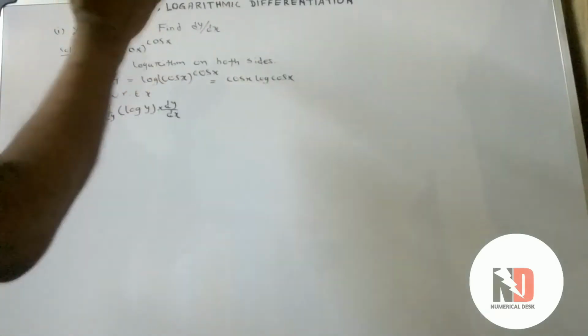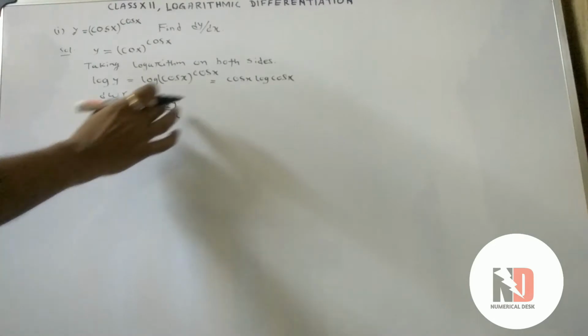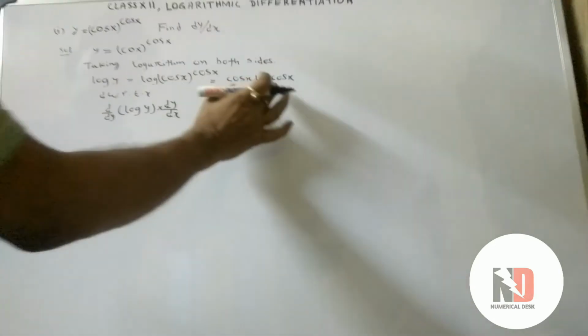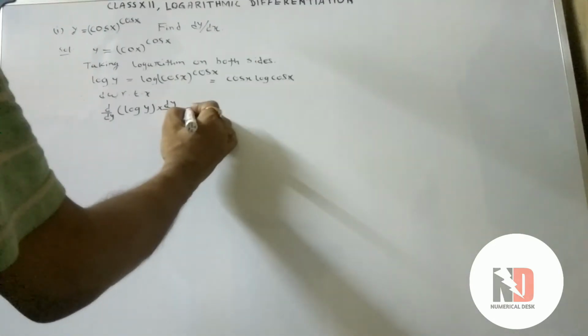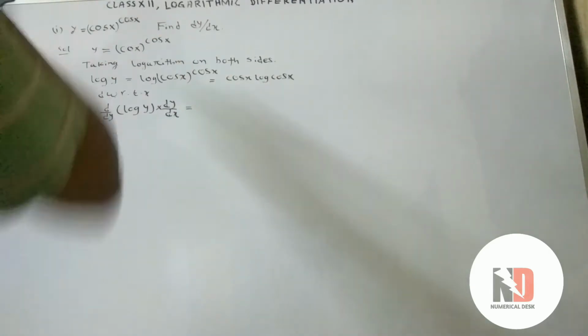So follow this step, who are new in doing calculus. When we are differentiating with respect to x, we always write d of log y, then dy by dx, because it is with respect to x.